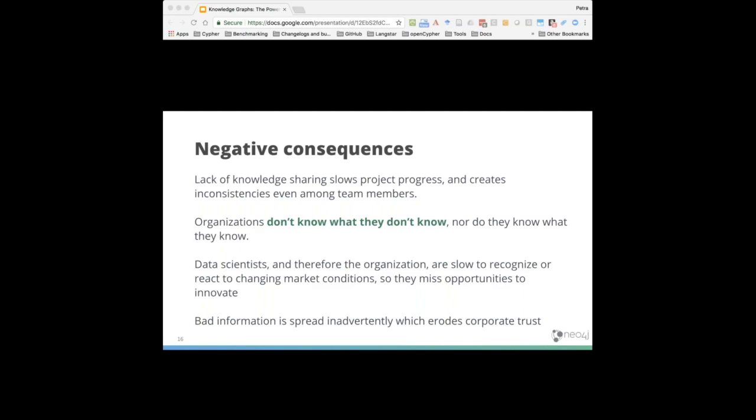And obviously it's never a good thing to have bad information spread out through a company. It would also be a huge pity if market conditions change to the point that a great opportunity makes itself known, but an organization is unable to act on it simply because they don't have the information to hand, or they're not able to act on it quickly enough.